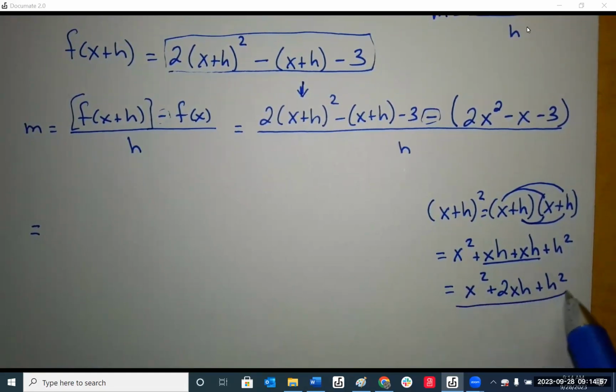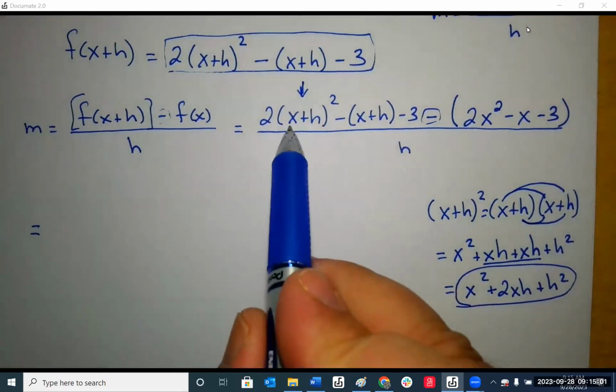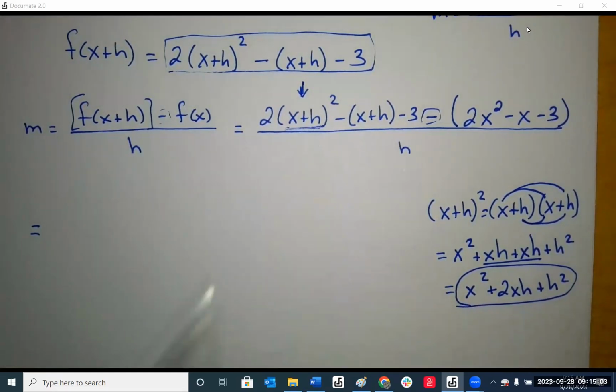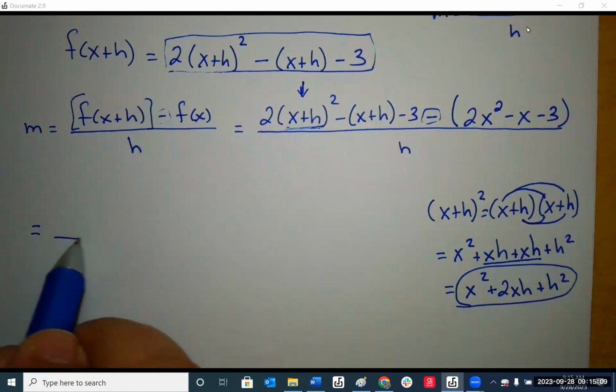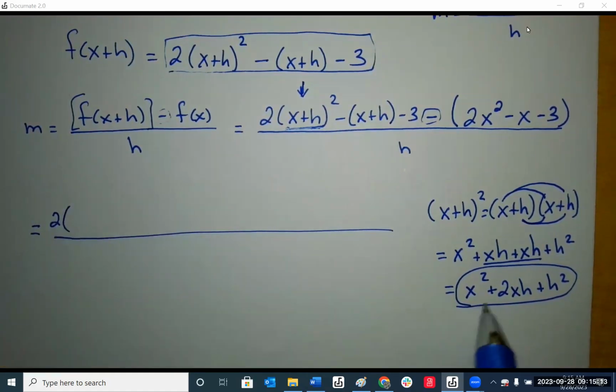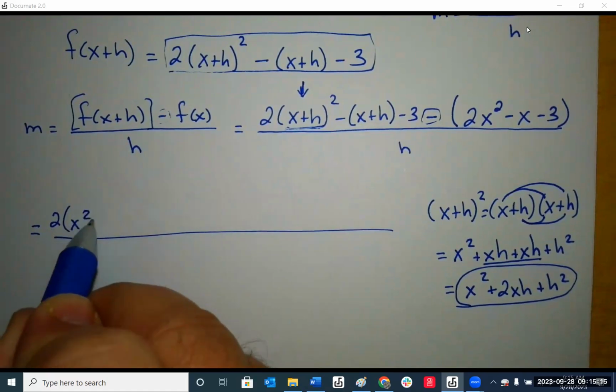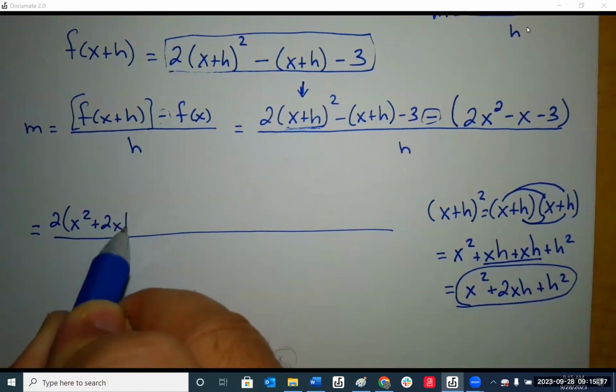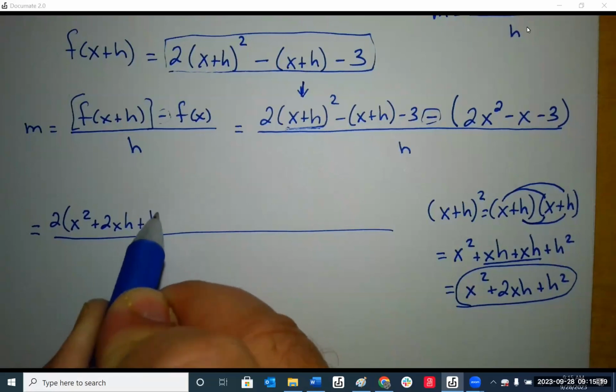So this whole thing goes in place of this after the 2. So we have 2x² + 2xh + h².